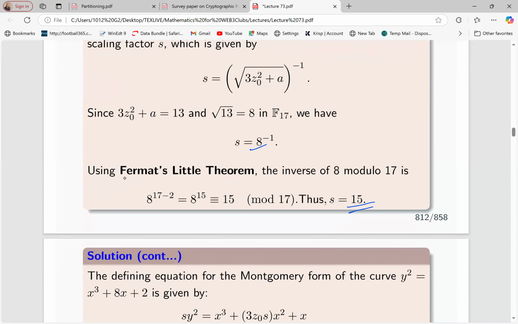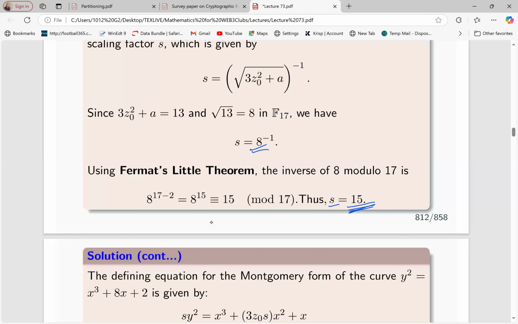We can just confirm 8 times 15 and see whether the result is 1. 8 times 15 is 120. Divided by 17, goes there 7 times, and the remainder is 1. So the inverse of 8 is 15. That is our scaling factor.